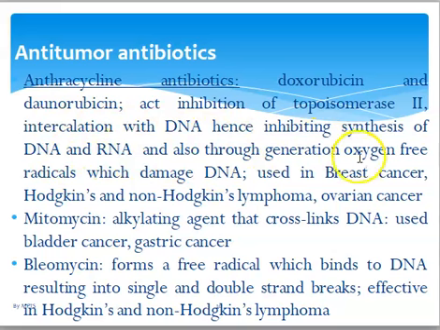They have all these mechanisms. They are used in breast cancer, then Hodgkin's, and then non-Hodgkin's. Now, all these are normally in the presentation. I'm sure later on we shall explain all these types of cancers in detail.